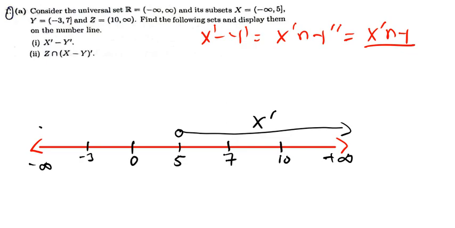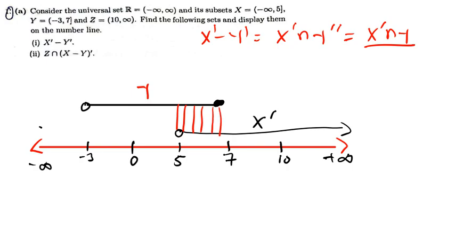So if I go to y, what is y? Y is from negative 3, not included, all the way to 7. 7 is included. 7 is here. So I join these two lines, and that is my y. So where these two intersect, that is the answer we are trying to find.